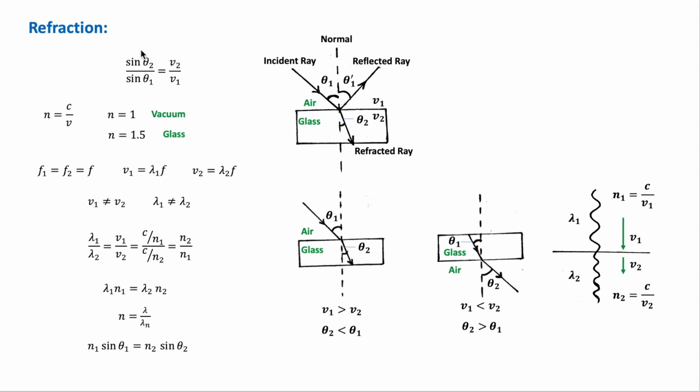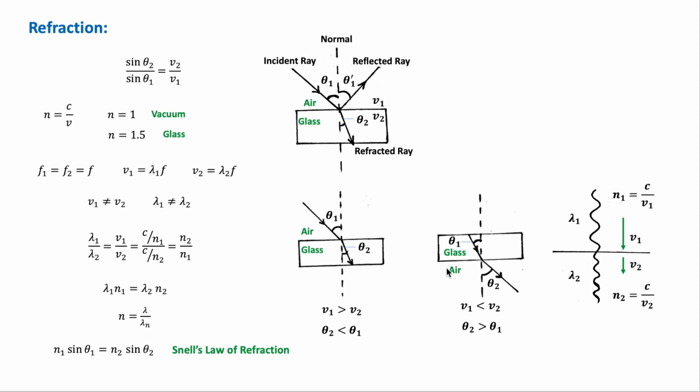So this equation shows that when light moves from a medium in which its speed is high to a medium in which its speed is low, then θ2, the angle of refraction, is less than θ1, the angle of incidence. So for light traveling from air to glass, where the speed is lower, θ2 is less than θ1 and the refracted ray is closer to the normal.